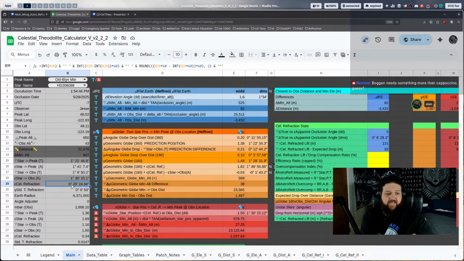So if they predict 19 arc minutes of lift, and the star is at, for the observer, let's see, true position observer. So they would predict that when the star is at 1 degree and 10 arc minutes, that this is now going to be lifted above it. But that's not what happened.